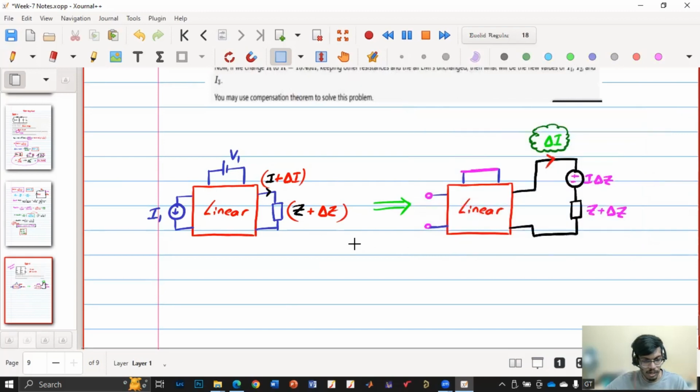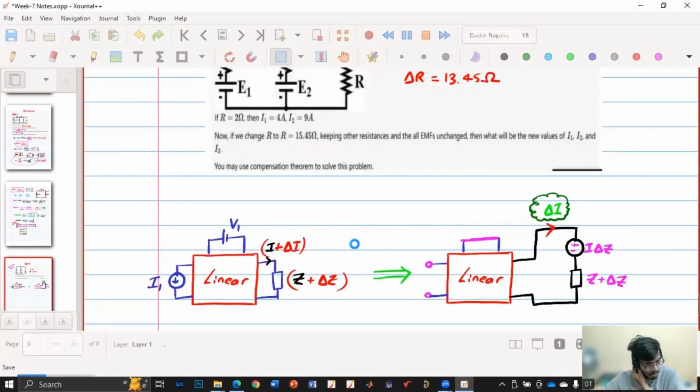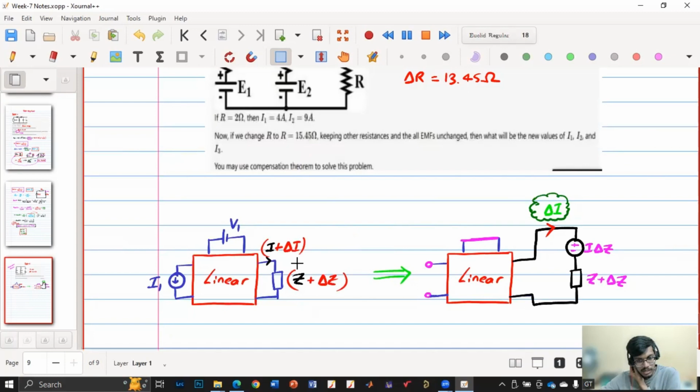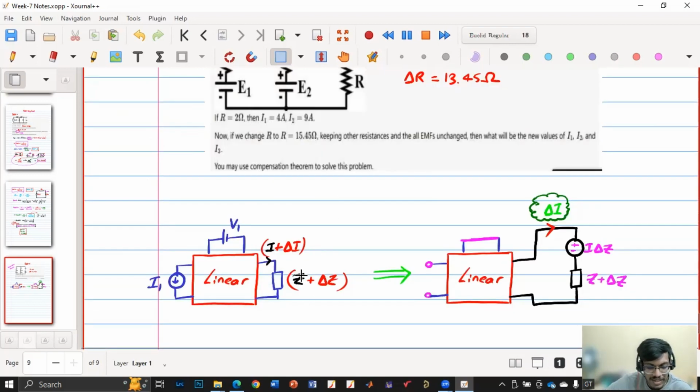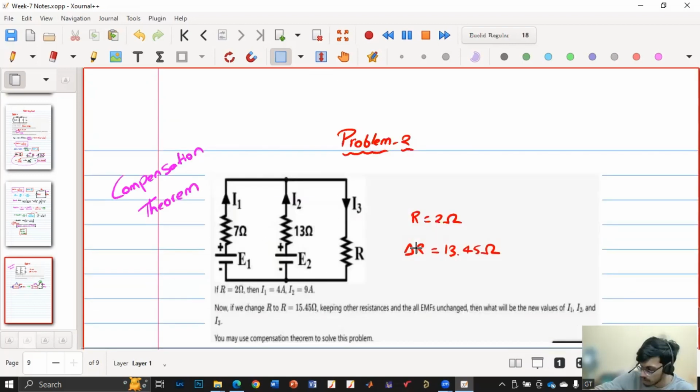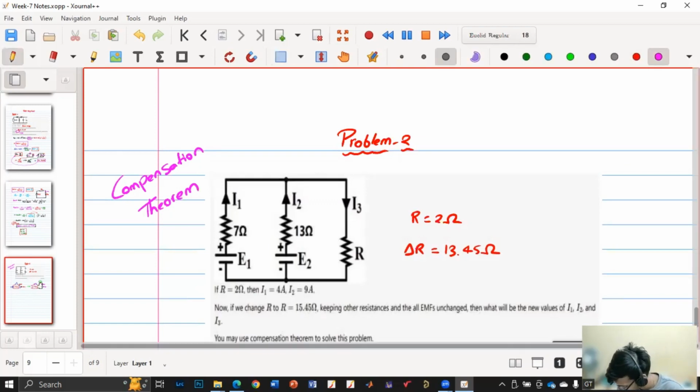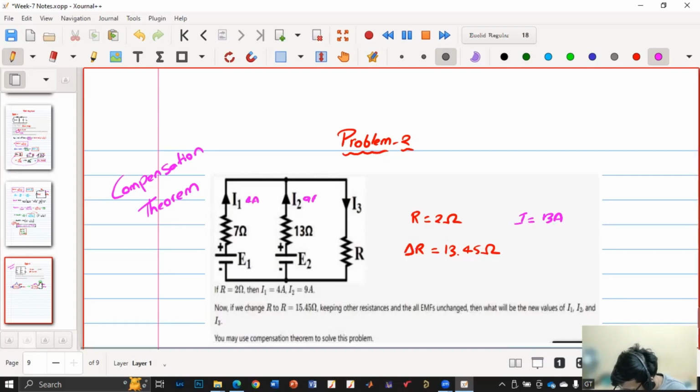Kindly take very good note of the direction of the currents and the polarity; it should be the same polarity. The current is coming like this. What was the I that was previously entering Z? When there is no change, 13 amperes, because this is 4 amperes and this is 9 amperes. By applying KCL, you get 13 ampere.